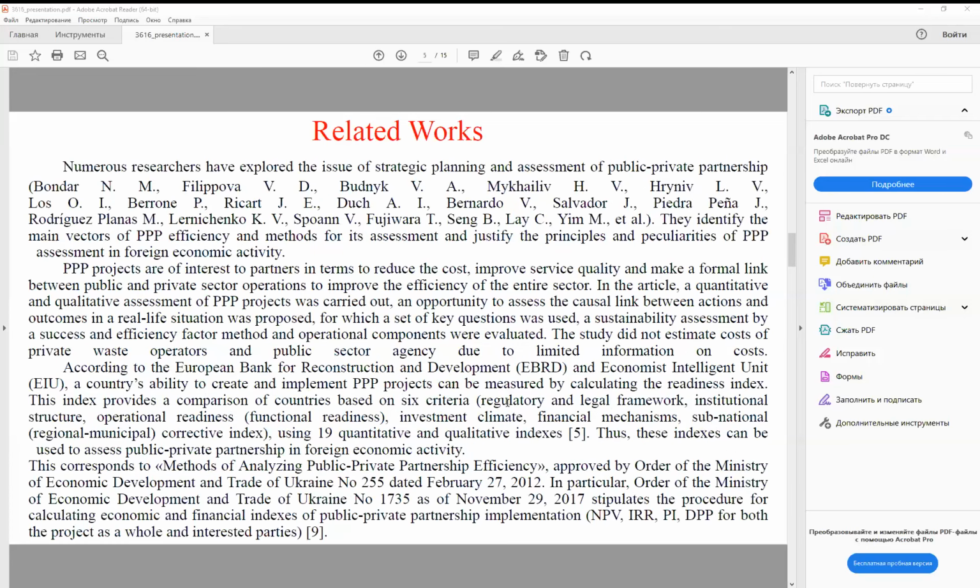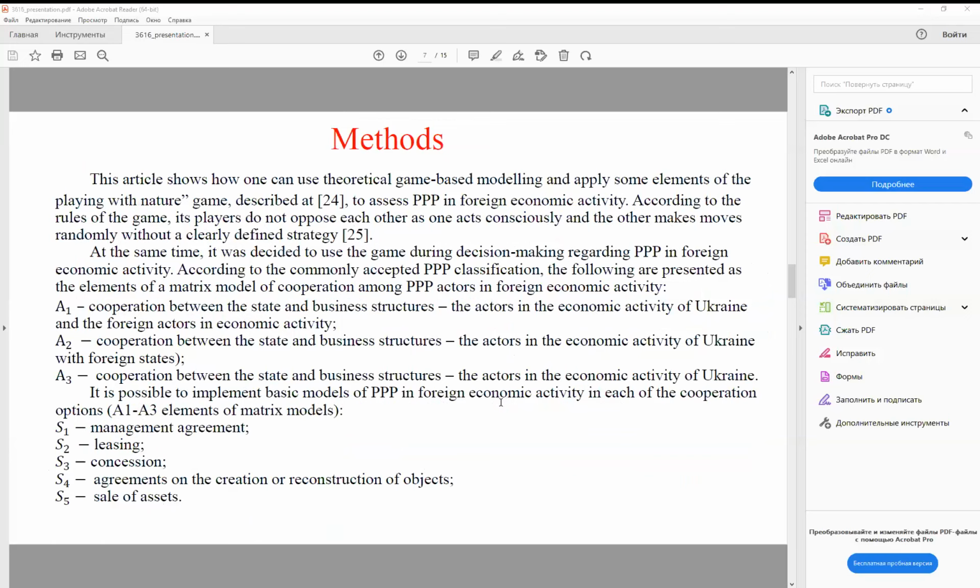Next, about the method and its problem. This article shows how one can use theoretical game-based modeling and apply some elements of the playing with natural game described at 24 to assess PP in foreign economic activity.